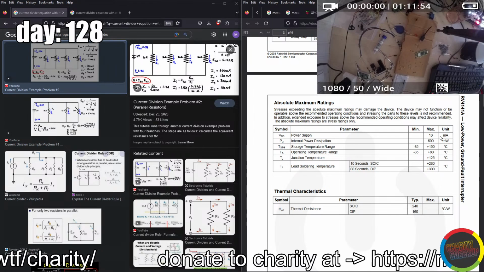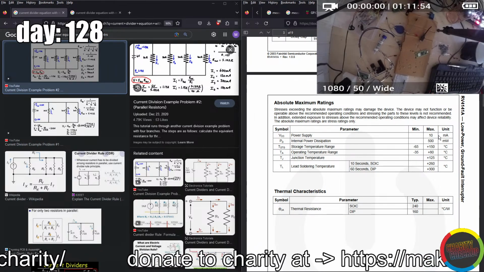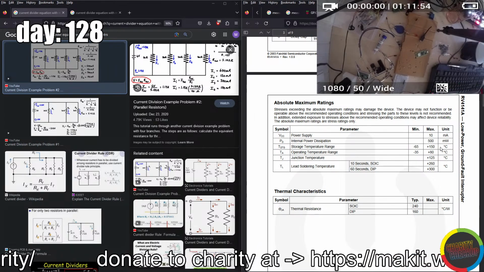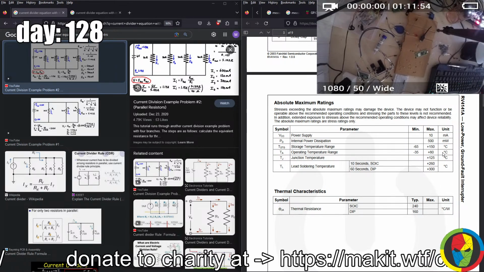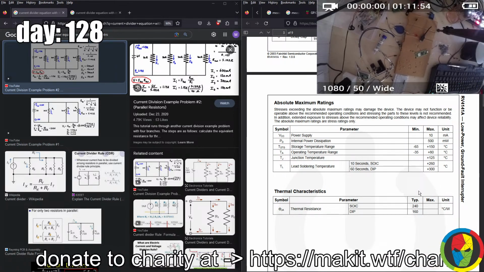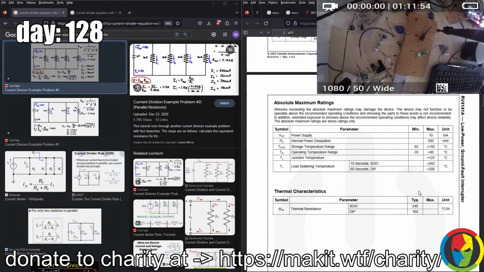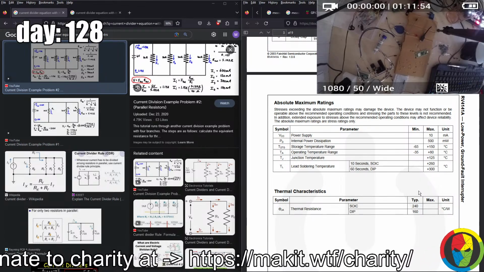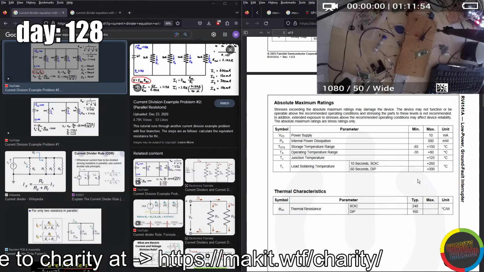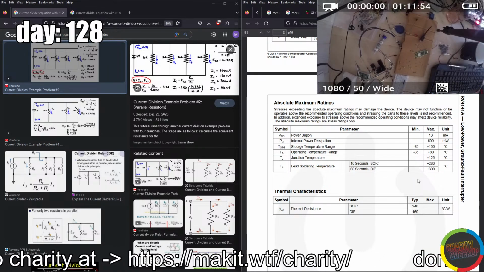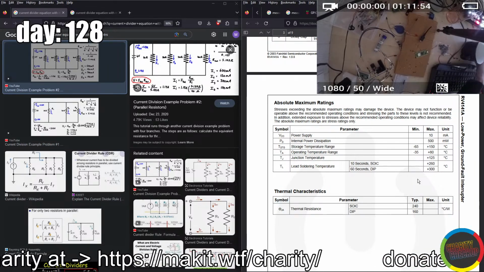Power supply 10 milliamps. Well, I suppose it wouldn't really matter if we just set up a current divider again and give it, you know, like a 1,000th of an amperage.